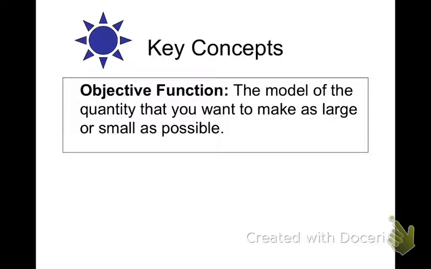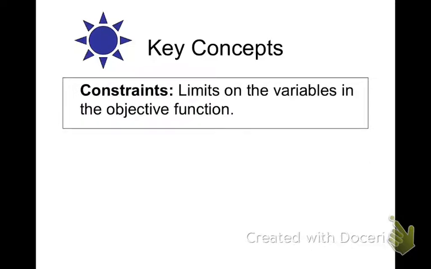Okay, so your objective function is what you are trying to make as large or small as possible. So usually profit or costs. You want to make your cost as small as possible. You want to make your profits as large as possible. So then we're going to have what's called the constraints.